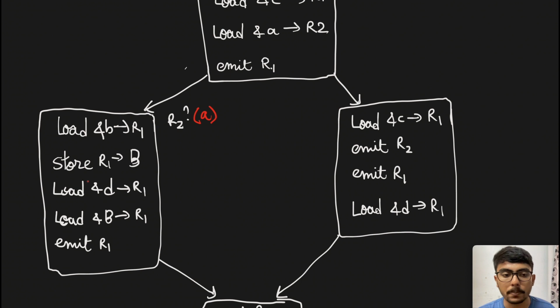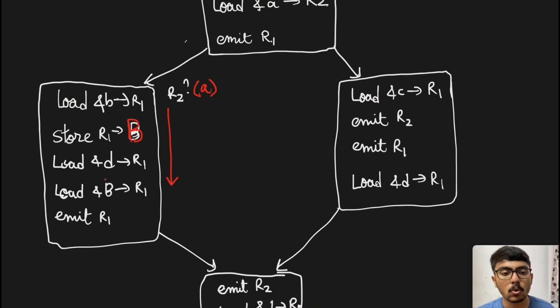Then we need to store B, because since A has to go along and B can be retrieved again, A will keep its place in R2, and then we'll just store or empty the register R1 and store into B, which is another location on the main memory. Perfect. Now we go to the next step, which is load D. So we'll load the memory address D into R1.